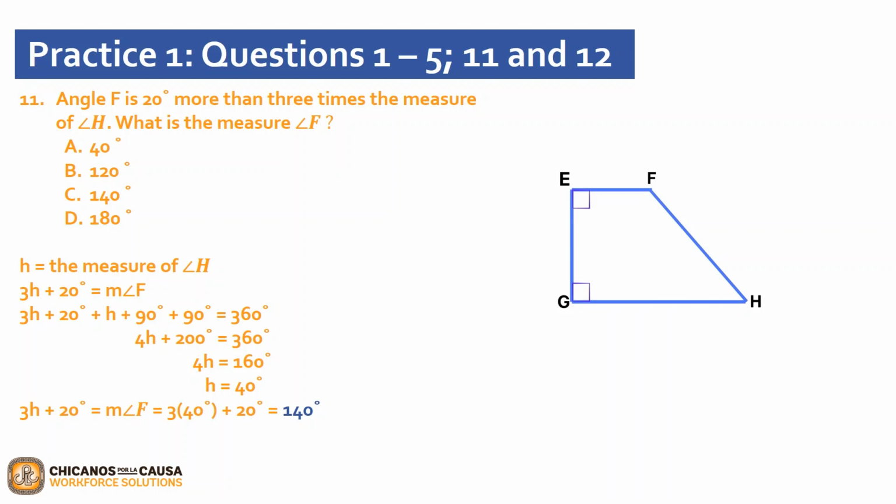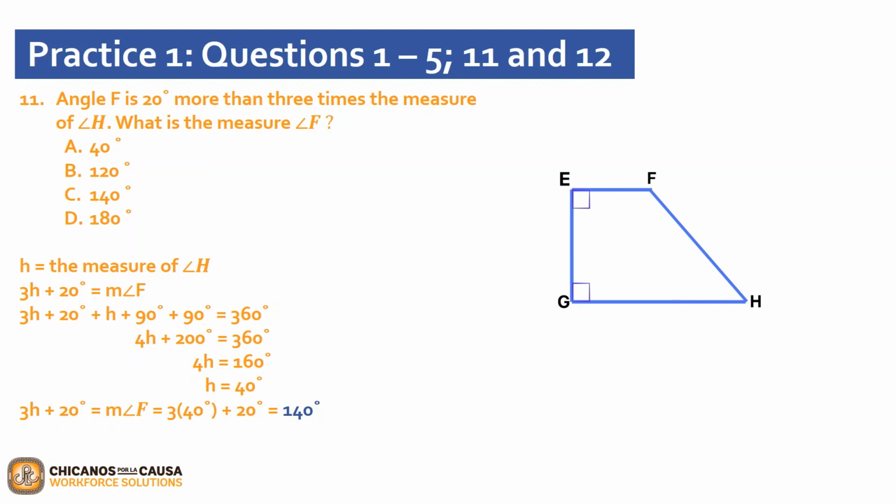For questions 11 and 12, we are going to be using figure E, F, G, H. Let's look at question 11. Angle F is 20 degrees more than 3 times the measurement of angle H. What is the measurement of angle F?